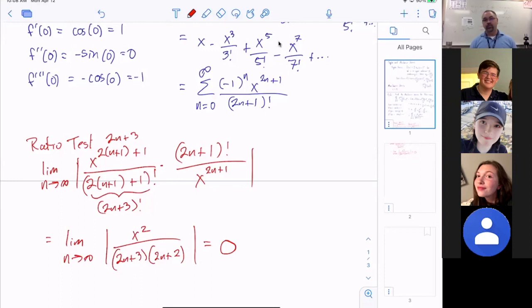Here's the tricky thing, though. What we haven't proved, and this is subtle but important, is what the series converges to. We've proved that it is convergent for all x, but what we haven't shown is that this series actually converges to sine, to the actual function f of x that we wanted from the beginning.